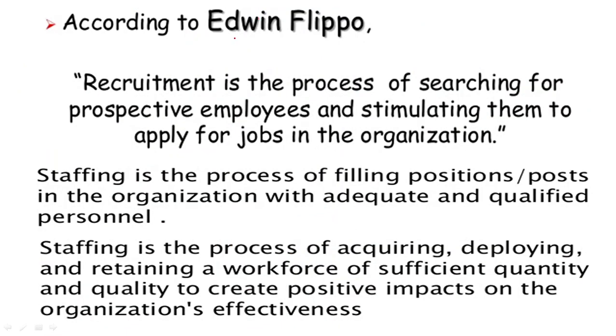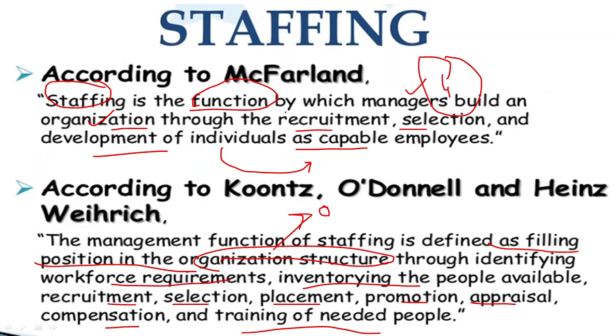Then comes the definition by Edwin Flippo, which says that recruitment is the process of searching for prospective employees and stimulating them to apply for jobs in the organization. So this definition talks about recruitment, which was the first step in how you build an organization, or what the staffing function is all about.